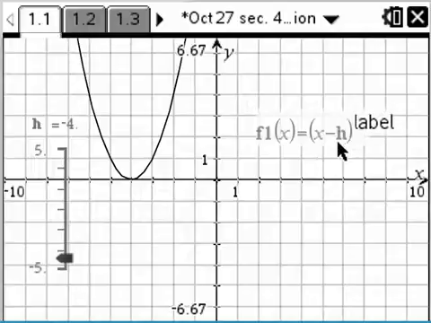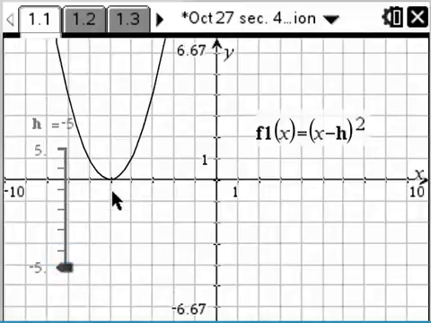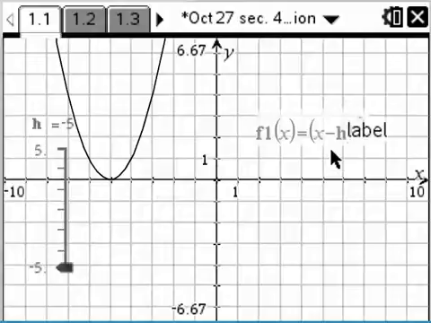So x minus a negative, let's make that negative 5, it'll be here at negative 5. It's also read that, x plus 5, which is the same as x minus a negative 5, would give us that same thing as well.